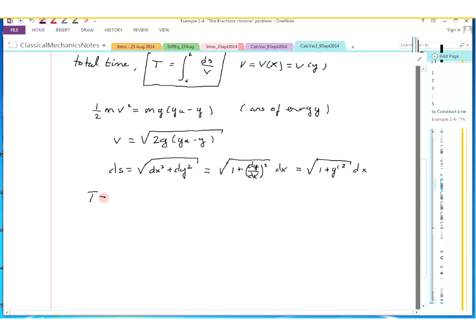So if we substitute both of these back into our integral, the total time t is the integral from a to b of ds, so that's the square root of 1 plus y prime squared, divided by v, which is the square root of 2g times ya minus y.